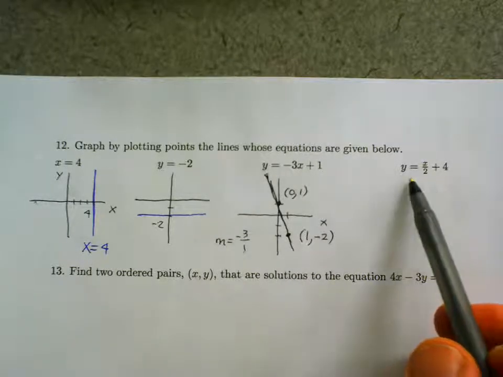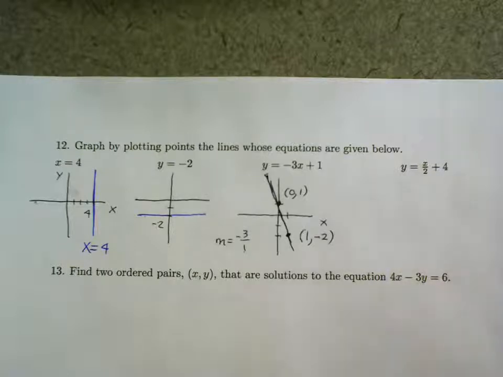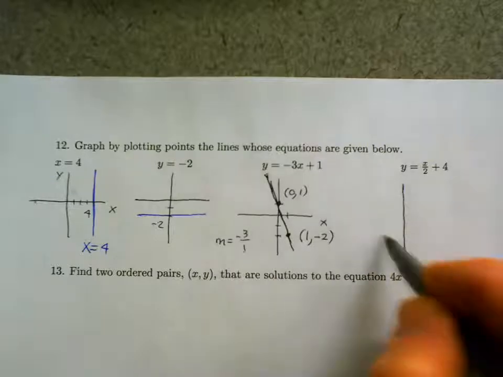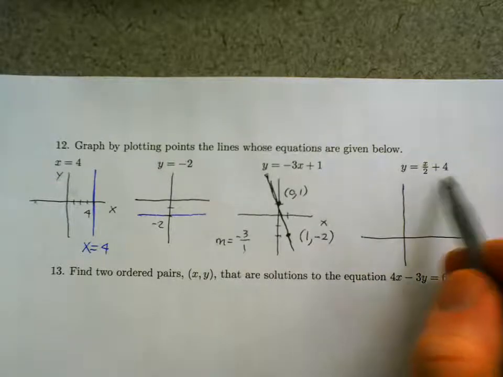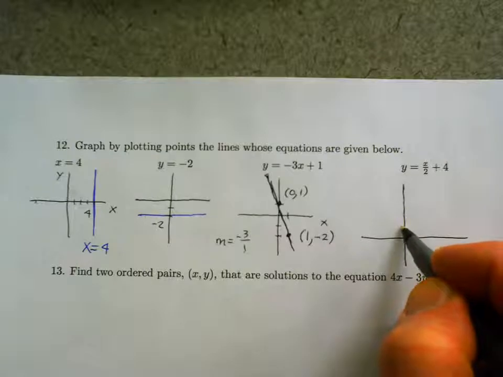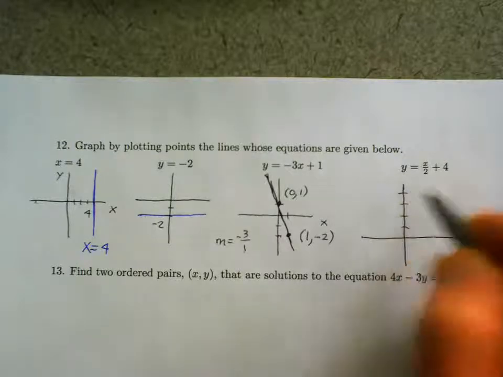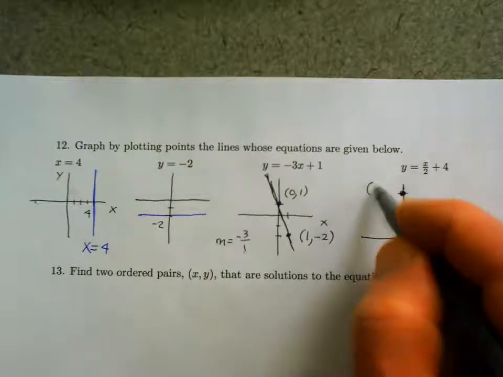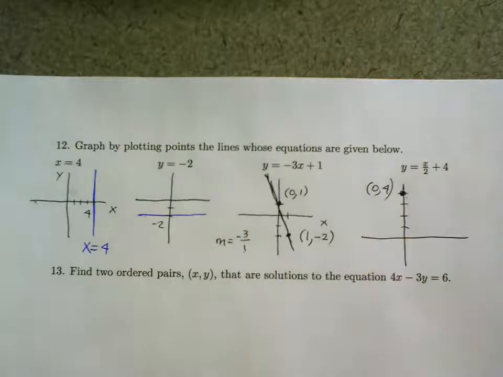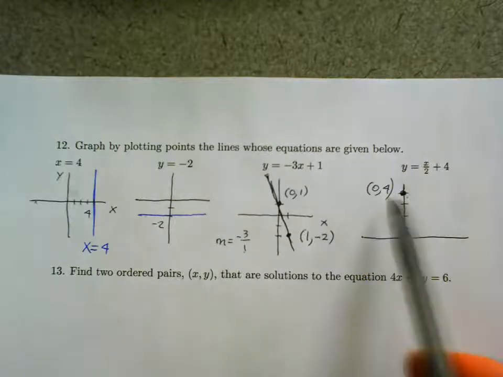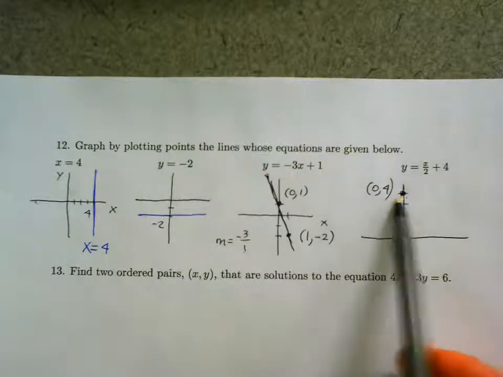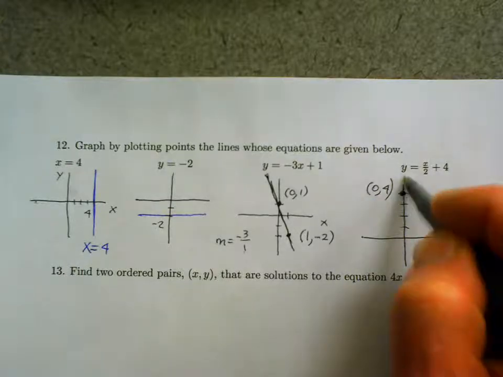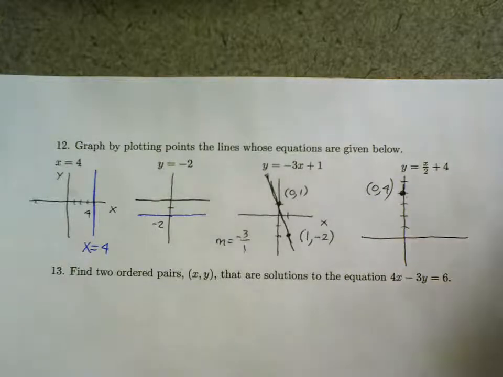Graph the line y equals x/2 plus 4. We can plot the y-intercept again. When x is 0, y is 4. So this ordered pair is (0, 4). So when graphing, make sure you label the points as ordered pairs. Then we can use the slope to find another point.